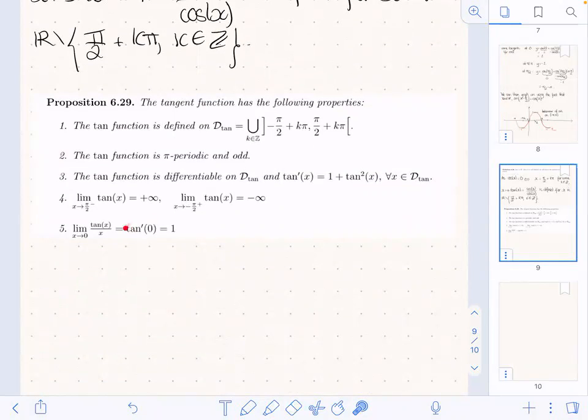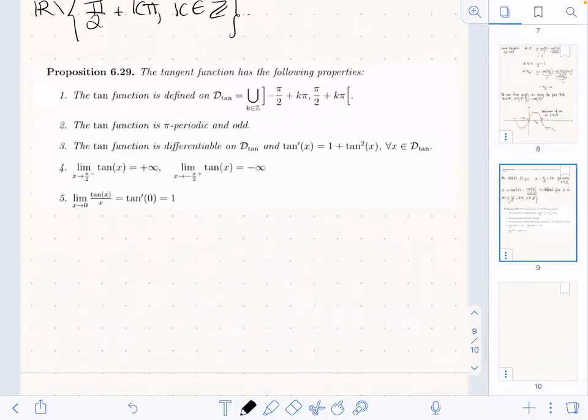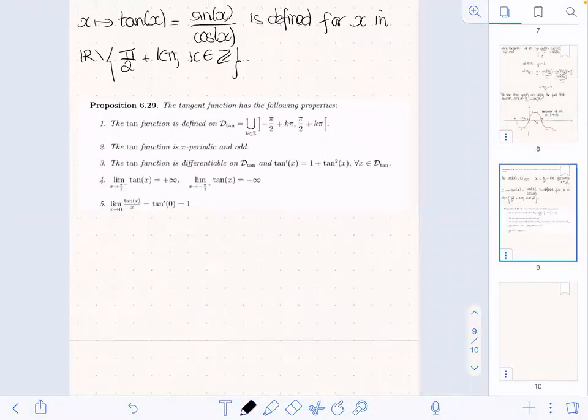You know that the derivative of tangent at 0 is equal to 1. You've probably seen a curve of the tangent before, but you basically get something that's roughly like this.